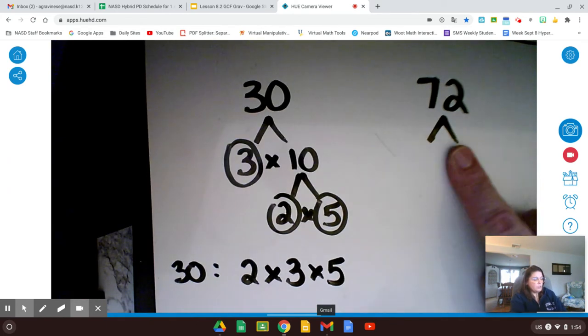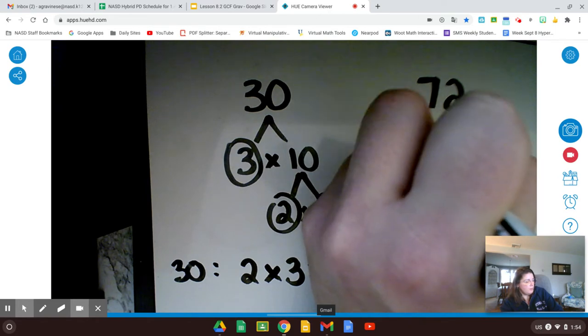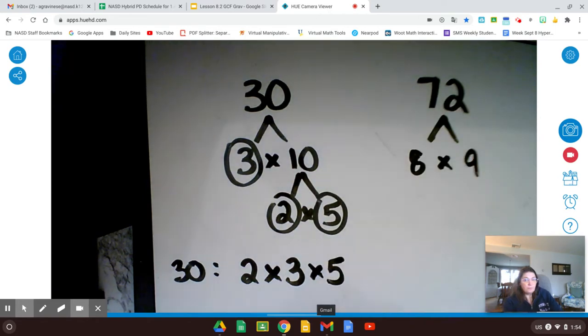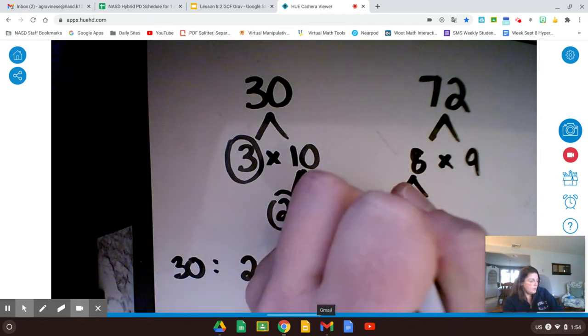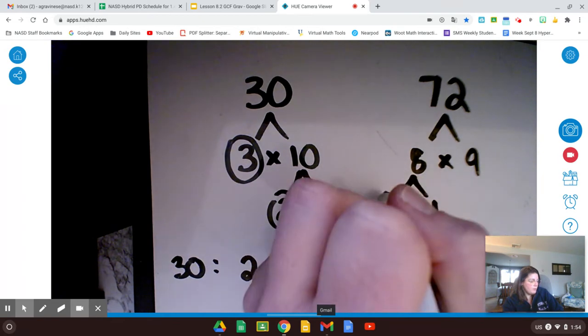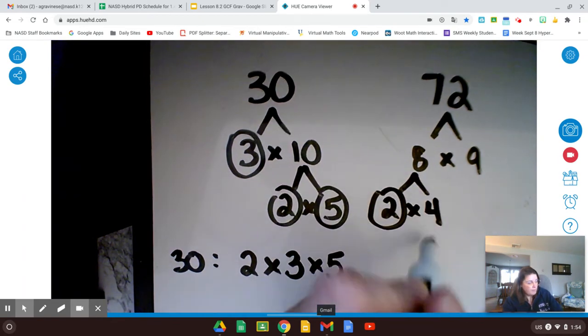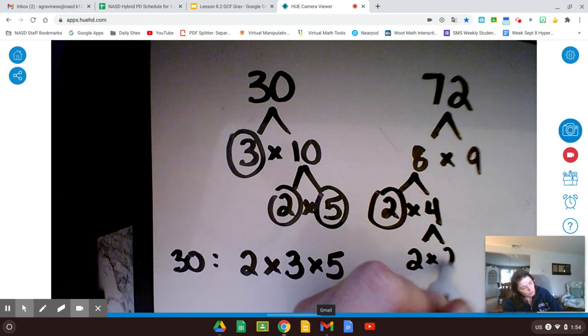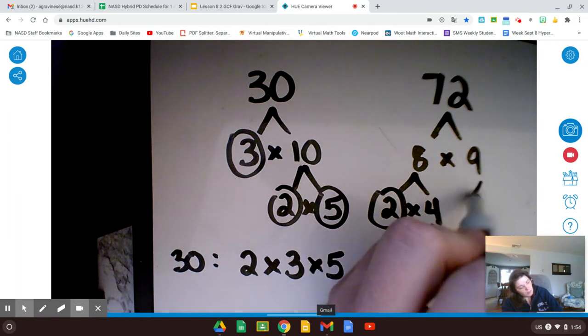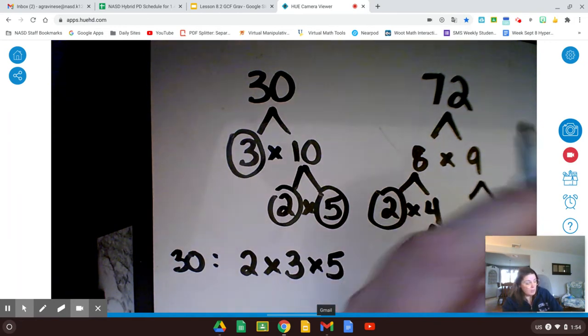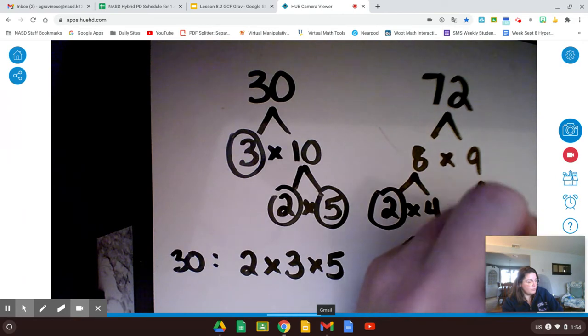All right, 72 is made up of 8 times 9. 8 can be broken down to 2 times 4. And 4 can be broken down to 2 times 2. 9 is not prime. It's made up of 3 times 3.